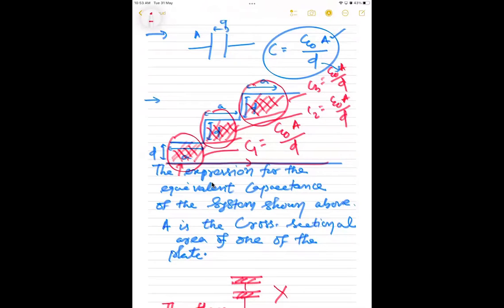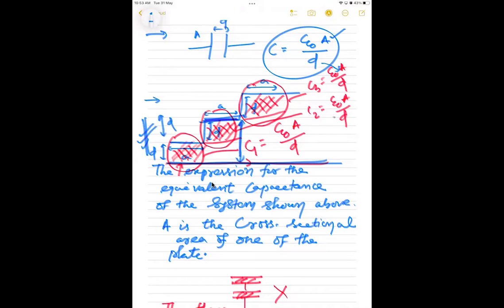Capacitance between, normally we think epsilon naught A by D for this one. But for this capacitance, the plate is the same, but the distance is more between it and the ground. This is D. This distance is also D. So we are going to find the capacitance between these two.